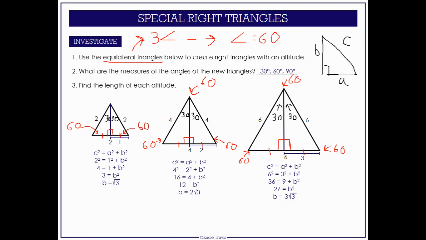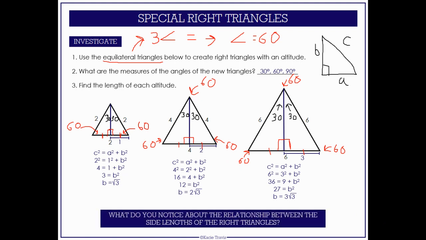So you might have seen a bit of a pattern here. What did we notice about the relationships between the side lengths of these right triangles? If you notice that side length that we try to find in the middle, each had a square root of 3 attached to it. So when we deal with this type of triangle, I want you to keep this square root of 3 in mind.